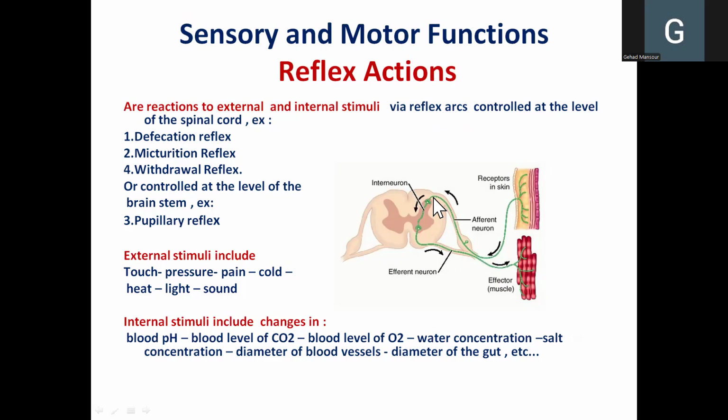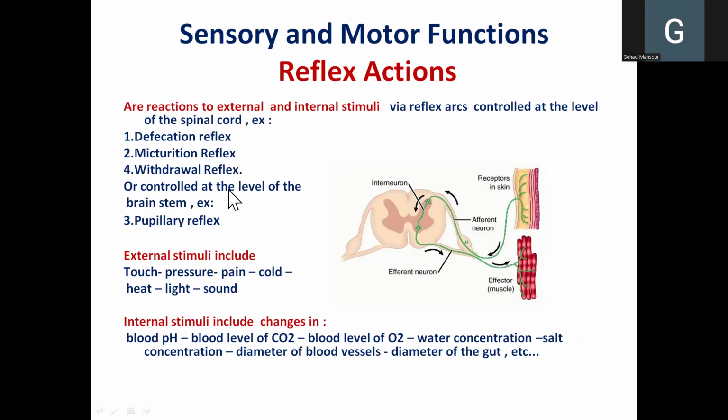As we said before, most reflex actions that you already know and that you studied frequently in elementary and middle school have their centers in the spinal cord, but there are other reflexes that have their centers in the brainstem or in the brain.